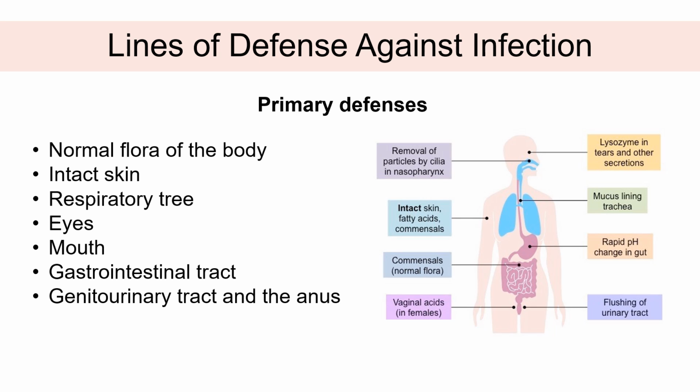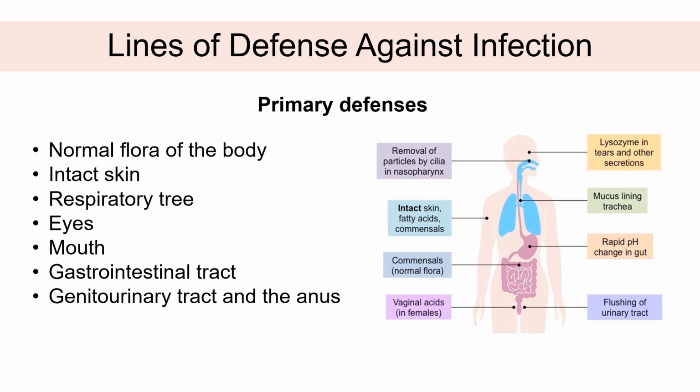Then we have our respiratory tree. So this would be our trachea, our bronchi, even our nares. And those are all lined with mucous membranes. So mucous membranes are sticky, they're a little gooey, and they aim to trap things that come in that aren't supposed to go down inside our body. Debris, dirt, pathogens, and we expel them by coughing, by breathing, sneezing.